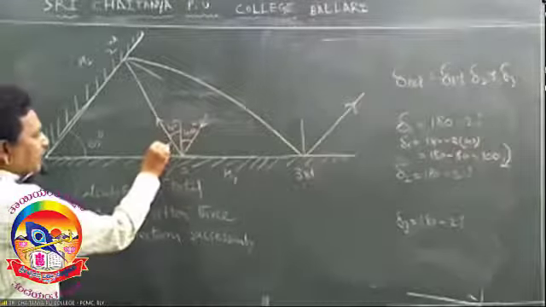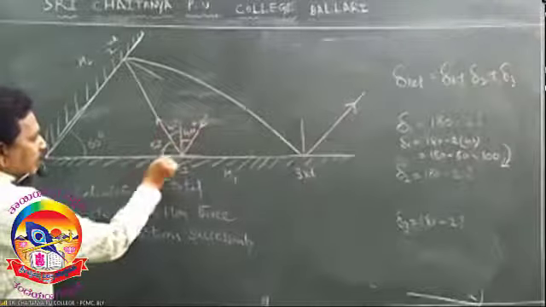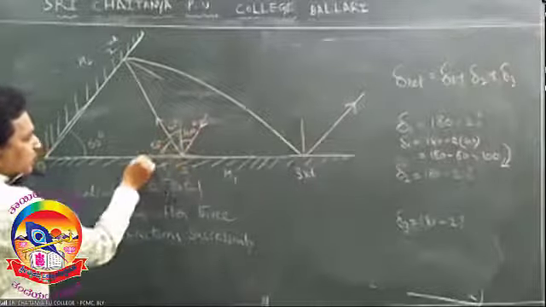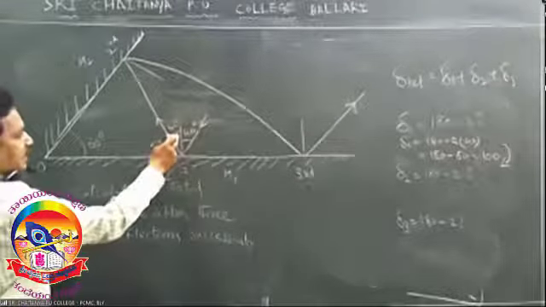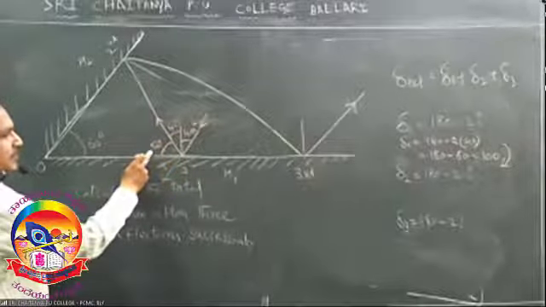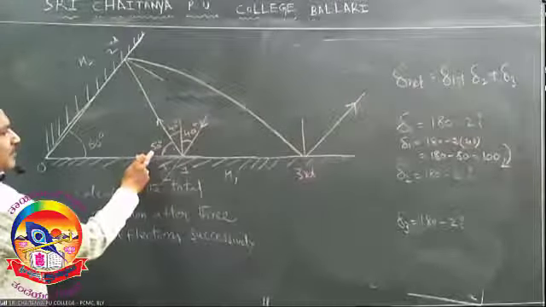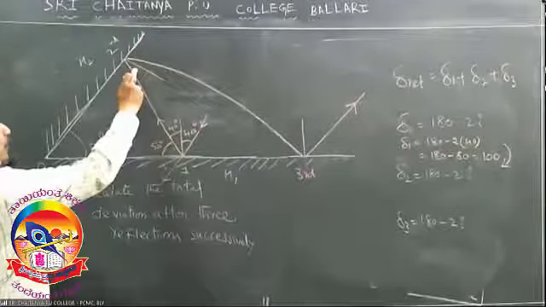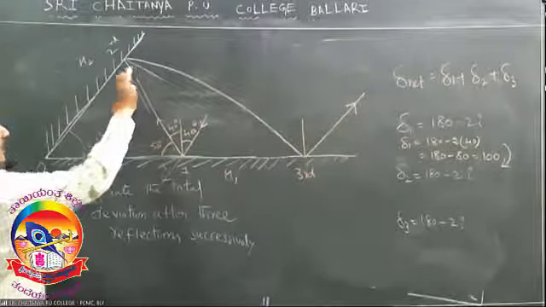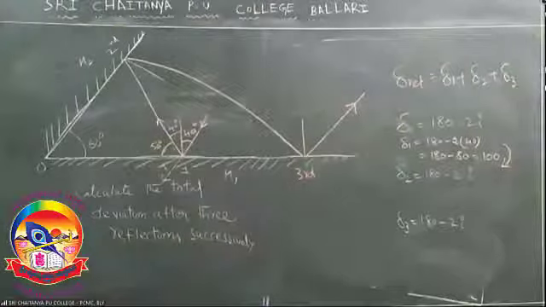Why is this equal to 50? These two are perpendicular, so if this is 40, this is 90 minus 40, which is 50. Somehow I have to find the angle here, then I can calculate the deviation, delta 2.